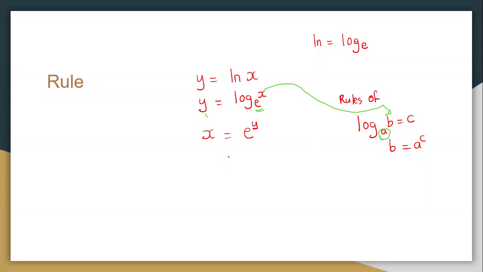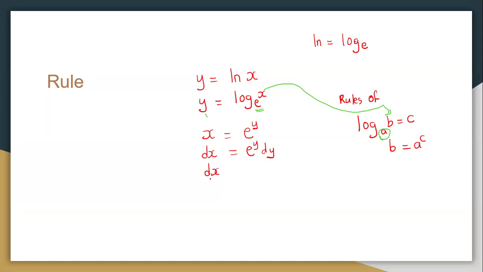Now, if we are to differentiate this with respect to y, it means that we shall have dx is equal to e^y dy. So if I'm interested in obtaining my dy dx, it means I will divide both sides by dx.